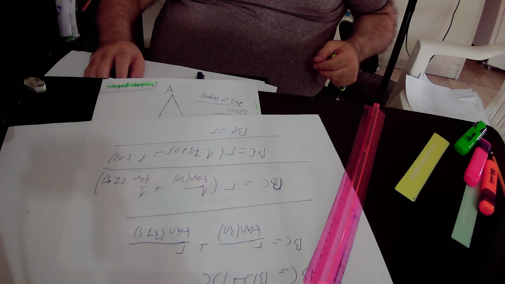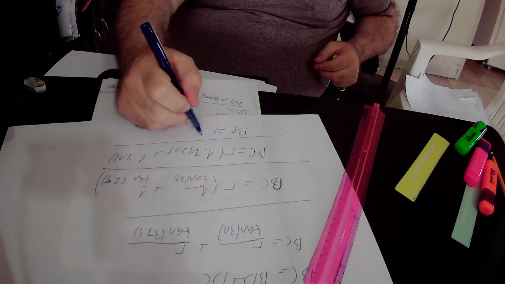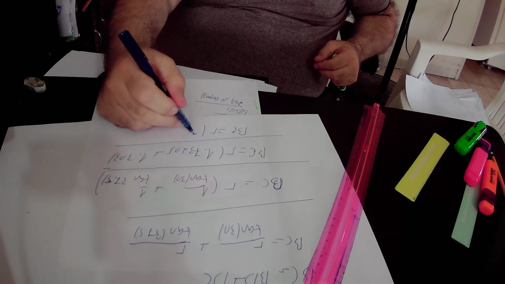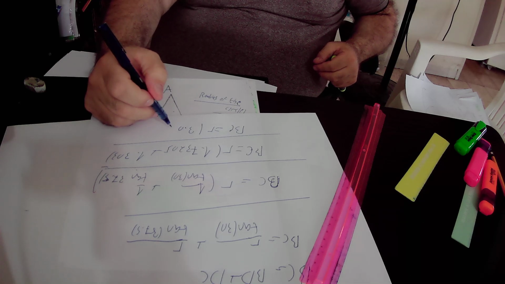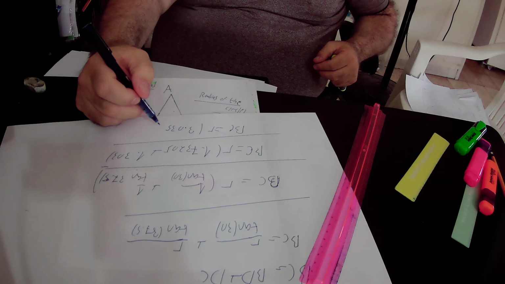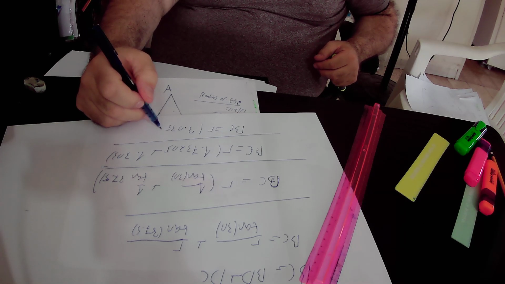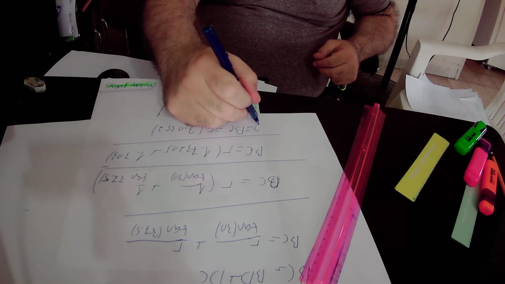In total, it is equal to 3.0352 units. We know that BC equals 2.